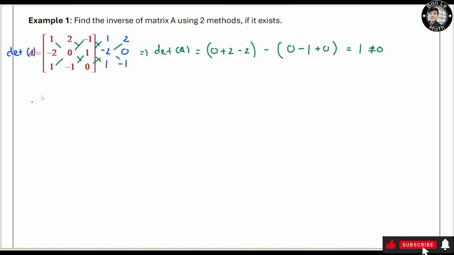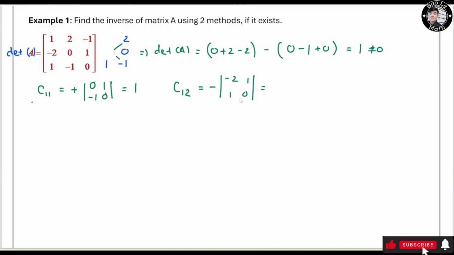So I have C11 equals plus. C11 is right here. So we cross out this guy, and the matrix is right here. 0 times 0 minus negative 1 times 1 is going to be 1. Now C12 is going to be minus. C12 is right here. Cross out this guy, it's going to be negative 2, 1, 1, 0.